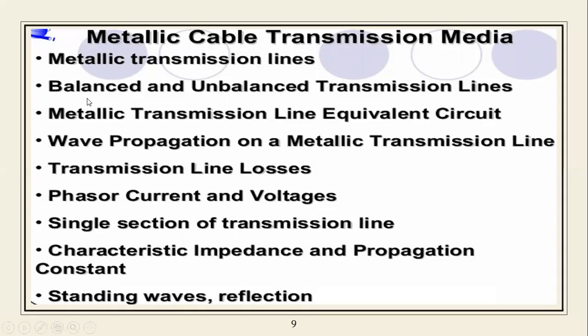You also need to take care whether the transmission line is balanced or unbalanced, which is determined with the help of the connection and its ratings, the voltage, and so on. Similarly, for the metallic transmission line, after determining balanced or unbalanced, you need to draw its equivalent circuit and find out the wave propagation, whether the circuit is lossy or lossless, because all these are useful and we need to take care of them while talking about power.